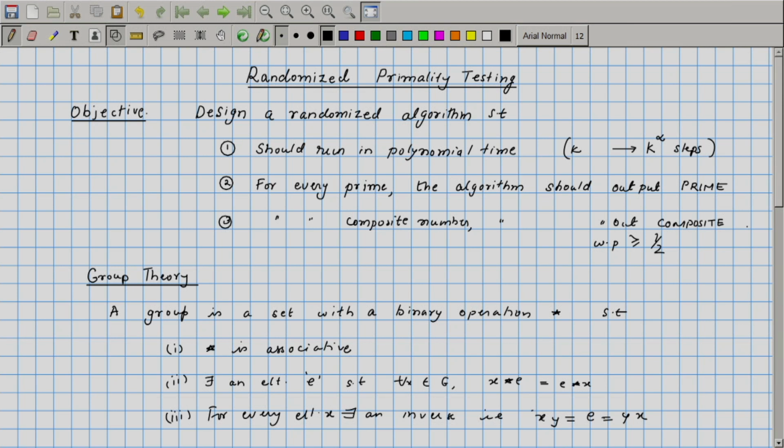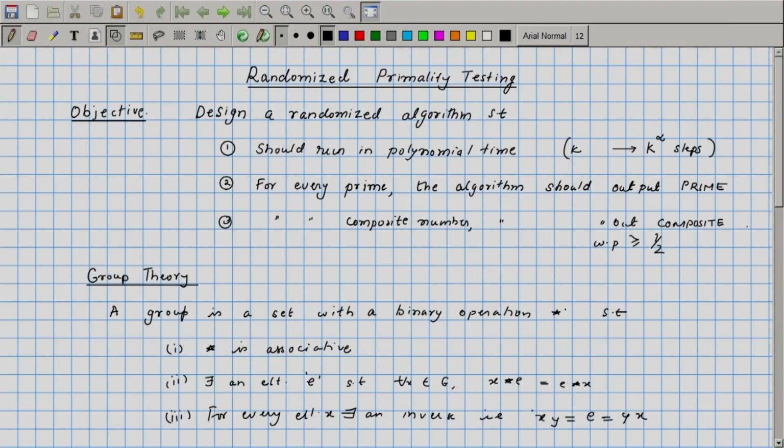You can think of groups as mathematical structures wherein you can multiply and divide. If you call the operation multiplication, or addition, or whatever name, you can essentially multiply and divide; that inverse operation you can perform.